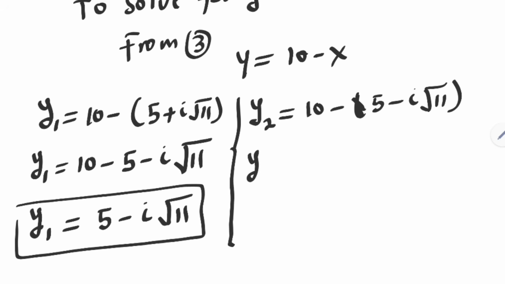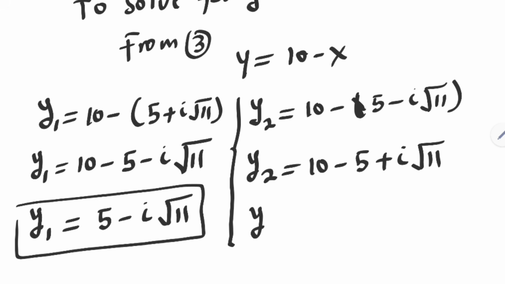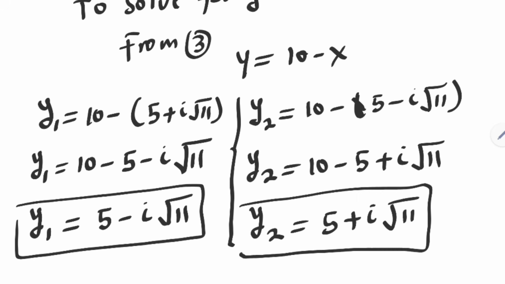Also, y2 is equal to 10 minus 5 plus i square root of 11. y2 is equal to 5 plus i square root of 11. This is the value of y2.